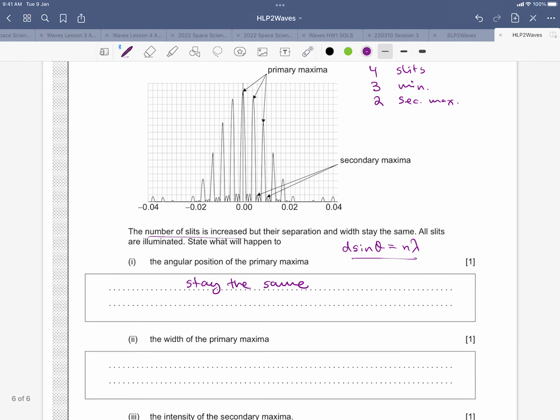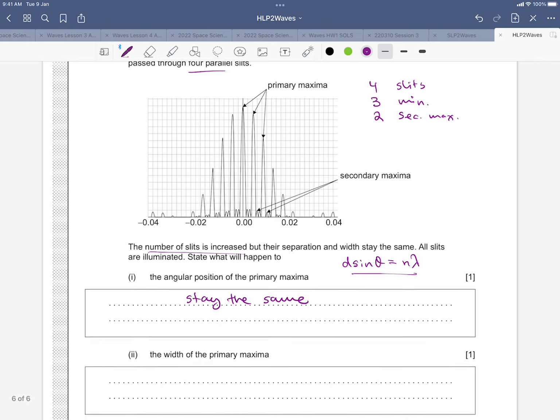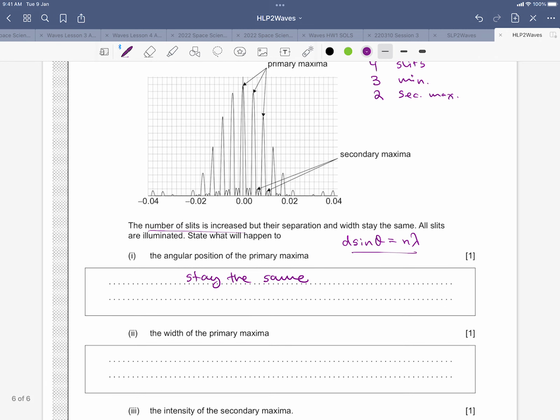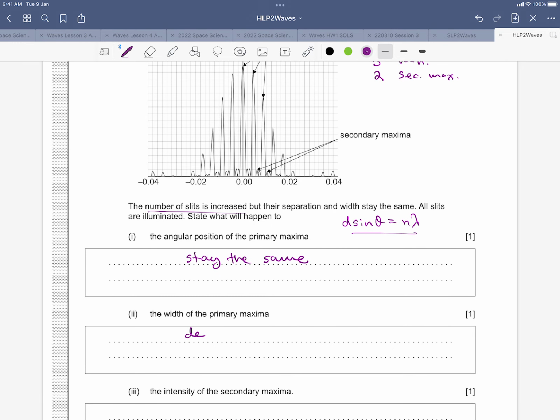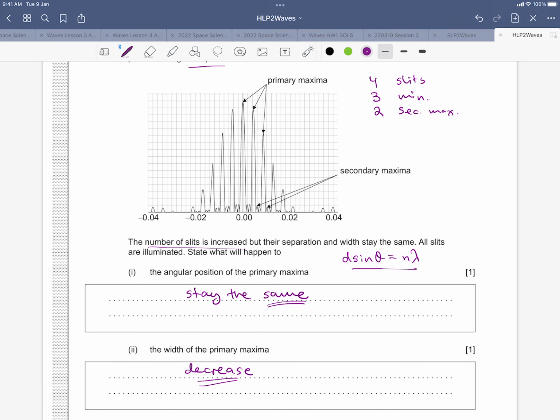And the width of the primary maxima, so when we add more slits, what happens is that we get narrower primary maxima, okay, and then they get more intense and they get more narrow, okay, so the width of the primary maxima will decrease. They get more narrow when we add more slits, and the intensity of the primary maxima increases, right, because more slits means more wave sources, which means we get more amplitude added together at the constructive interference points, which means you have a higher intensity.